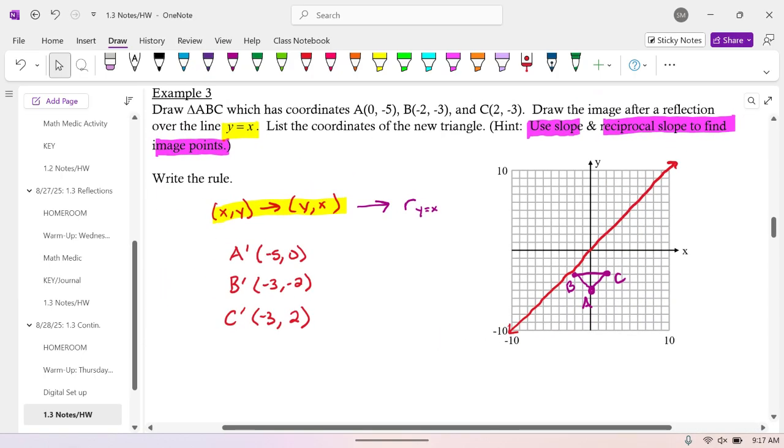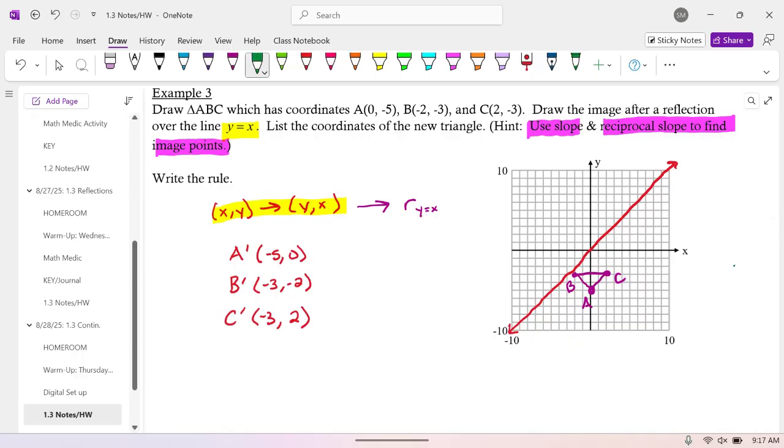So if I graph our new image, because we already know the rule, this would be A prime, -3, 2, B prime, C prime.